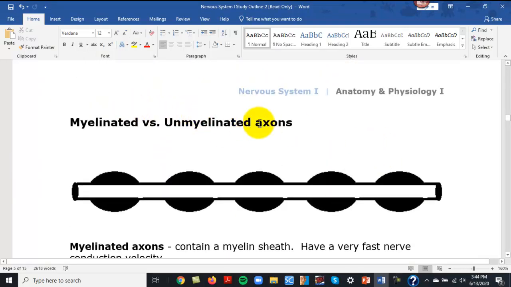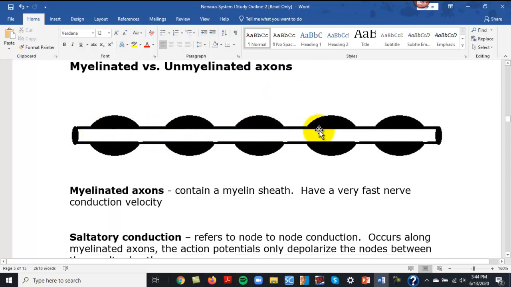Myelinated versus unmyelinated axons. This happens to be a myelinated axon. See, here's the myelin, the dark. The spaces between here would be the nodes of Ranvier. And when a signal is conducted along a myelinated axon, it bounces like this. Boink. It only hits the areas that are not covered by the myelin sheath.